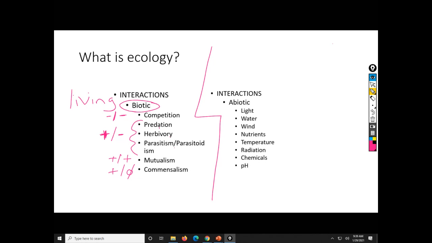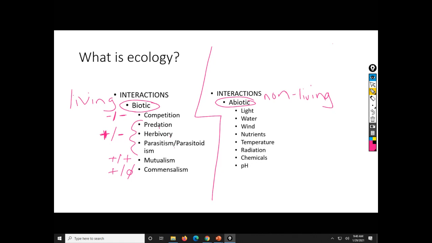All right, so these are all living interactions, right? Everybody we talked about here was alive. When we talk about abiotic, right, this is non-living. Literally without life. Now, what we want to remember is this doesn't mean dead, right?